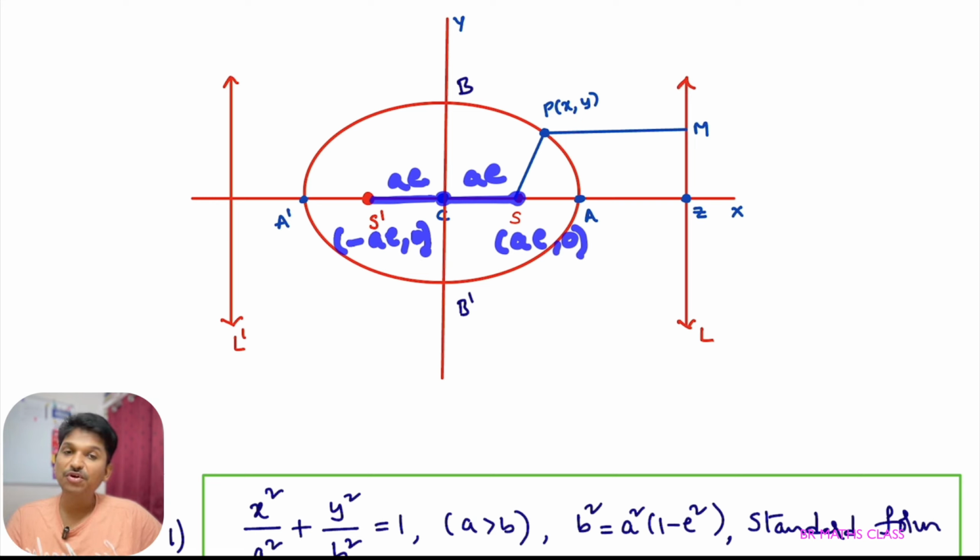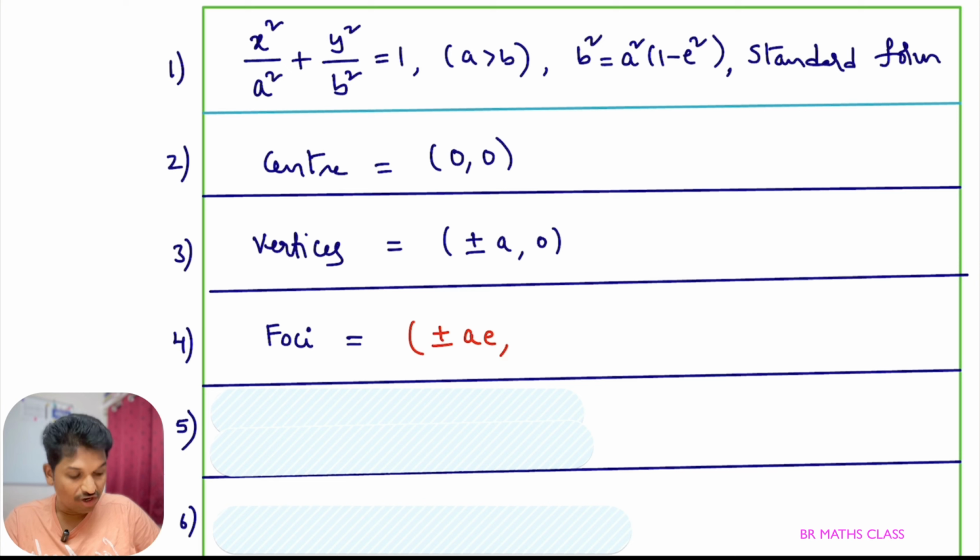So, in the standard form of the ellipse, the foci are AE, 0 and minus AE, 0. Two focuses are there. One focus is AE, 0. Another focus is minus AE, 0. See, in the ellipse, a total of two forms are there. This is the first form. Foci of the standard form of the ellipse is plus or minus AE comma 0.